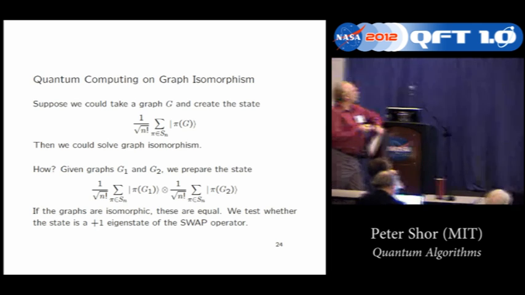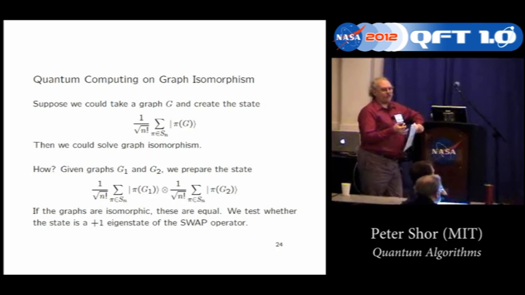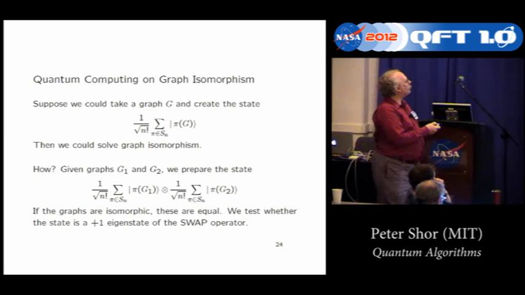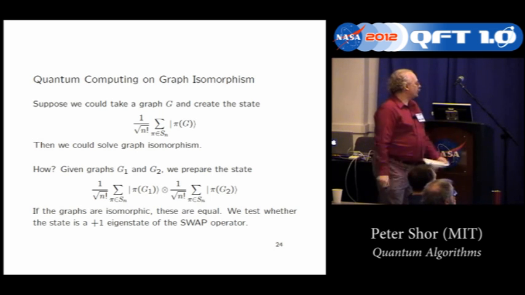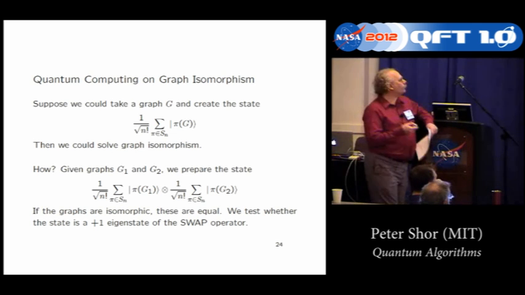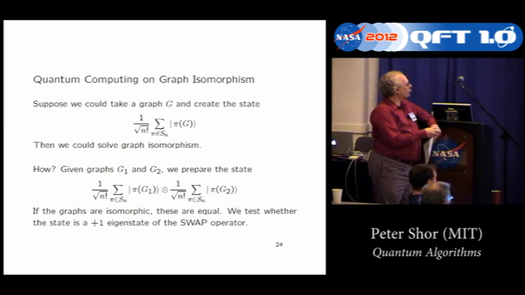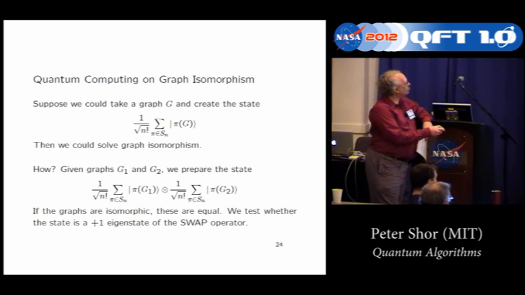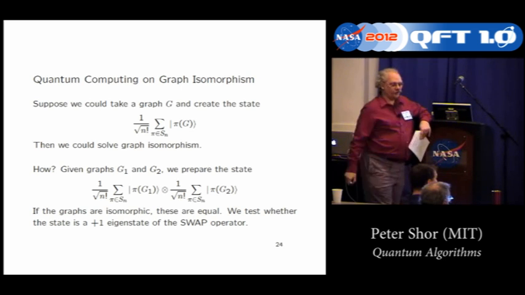So what do we know about graph isomorphism? Well, we know that quantum computing can solve it. What we do know is if we could take a graph G and create the superposition over all labelings of G, then we could solve graph isomorphism. How? Well, take 2 graphs G1 and G2. We want to know if they're isomorphic. So we prepare the superposition over all labelings of G1 and the superposition over all labelings of G2.